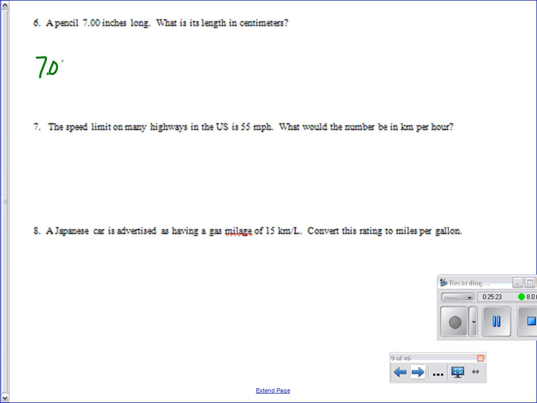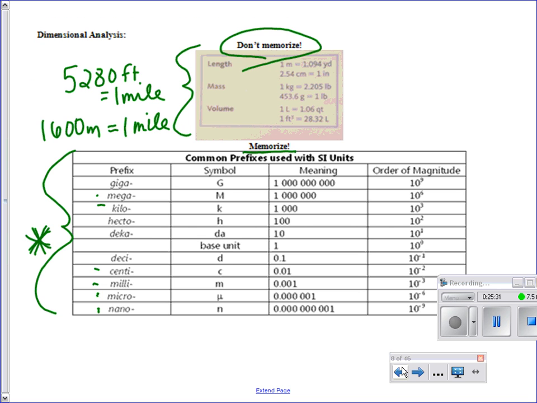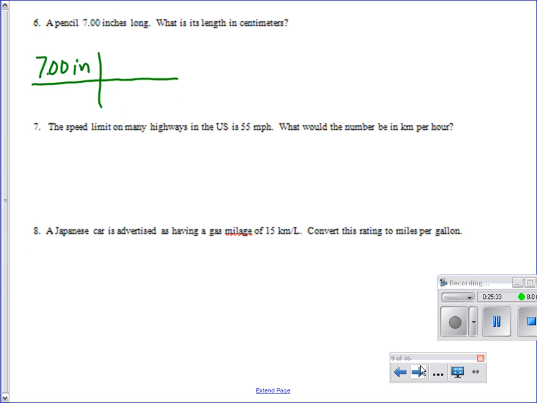So I'm going to take my given. I need to use dimensional analysis to convert. I don't recall if they had it on here, but you probably know it. Yeah, it's there. Okay, so I need the conversion between inches and centimeters. What is it? 1 inch on the bottom, so that cancels, is 2.5 centimeters up top.